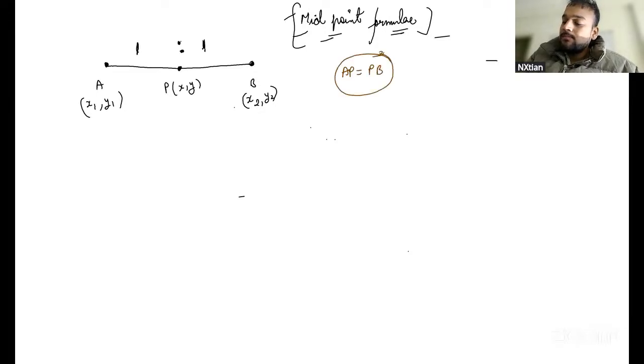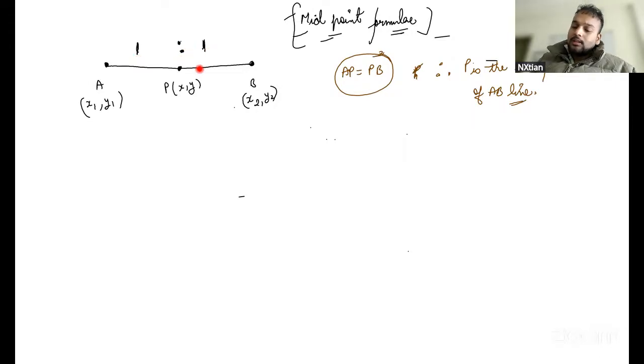Therefore, P is the midpoint of the line AB. Midpoint means it divides into two equal parts, so the ratio becomes 1:1.